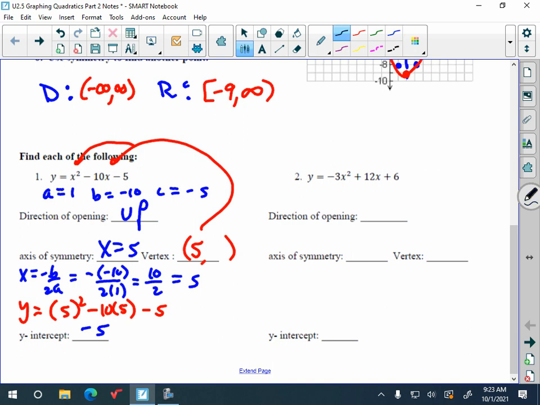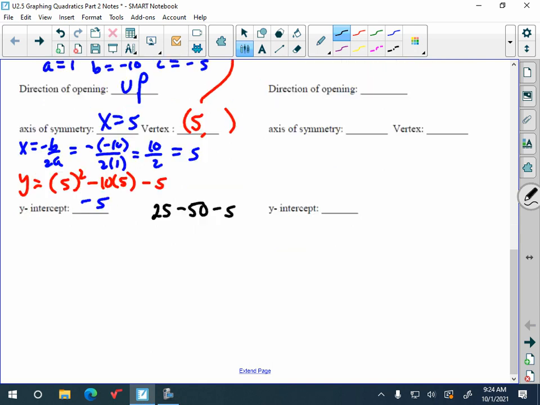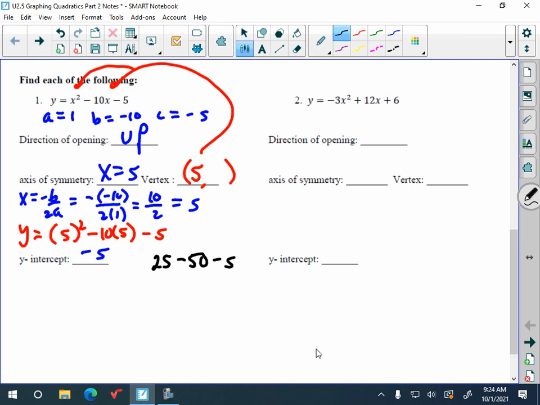So 5 squared is 25 minus 50 minus 5. 25 minus 50 is -25, minus 5, -30. So the vertex is at (5, -30). And we already have the y-intercept. Again, if you don't see it, plug 0 in for x, solve for y. Just like we plug 5 in for x, solve for y.